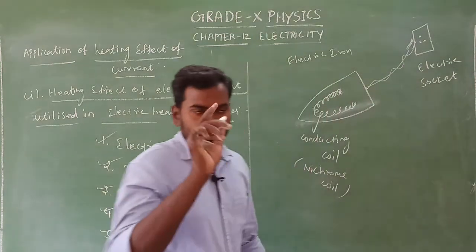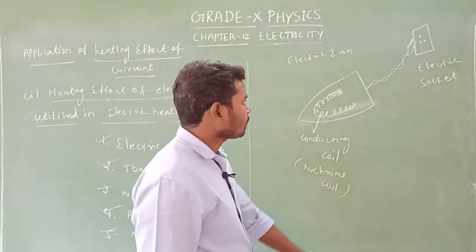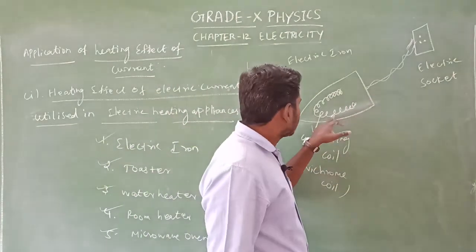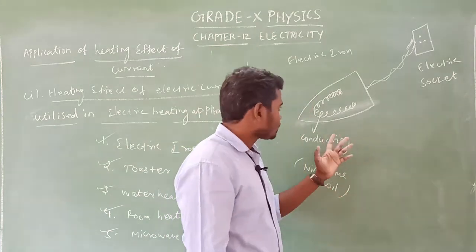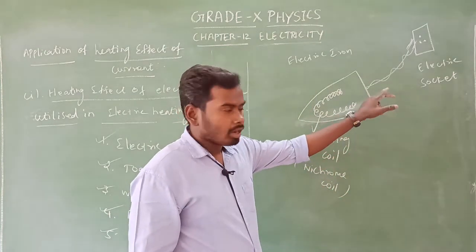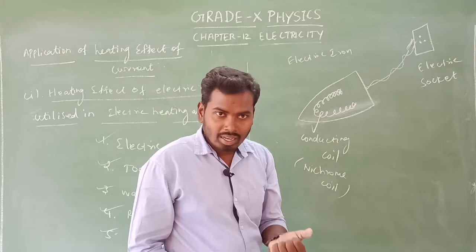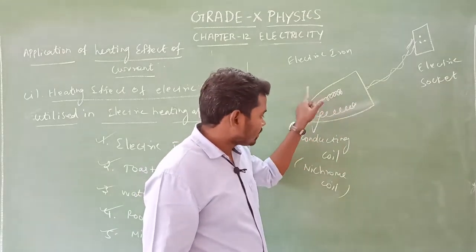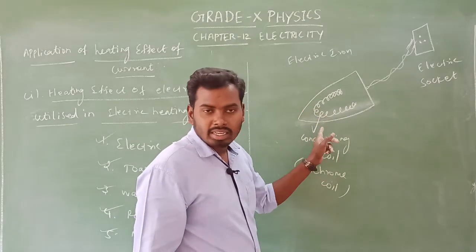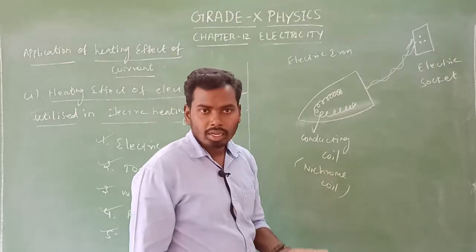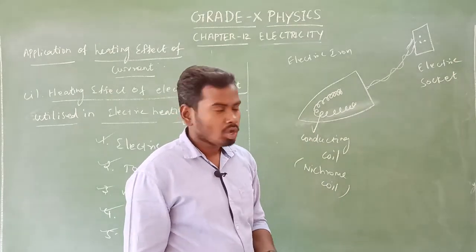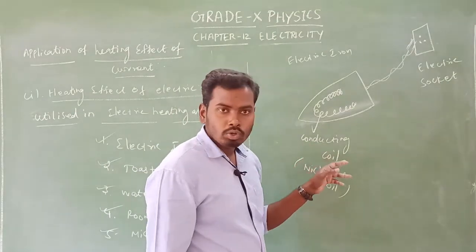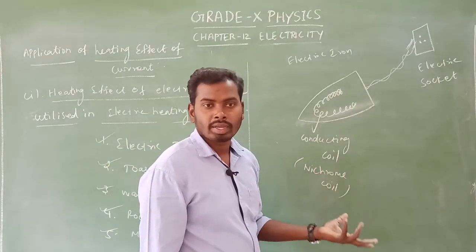Okay, students. Yes. Look at here. Here this electric iron gets heated up because of current. Am I right? Because the electric iron consumes the electrical energy and converts this electrical energy into heat energy, because inside the iron box there is nichrome coil. Nichrome has high amount of resistance value, due to which it produces more and more amount of heat energy.